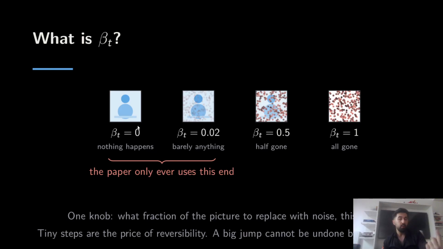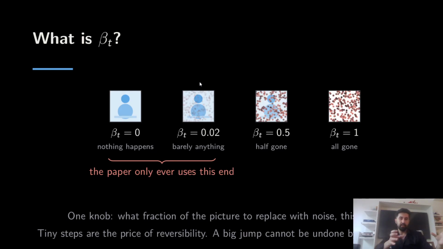Why don't we just go in one step from a normal image to complete noise? And this is actually an interview question I once got asked in a deep learning interview. And basically, the answer is simple. It's because in the backward process, we're making the network estimate the image before.